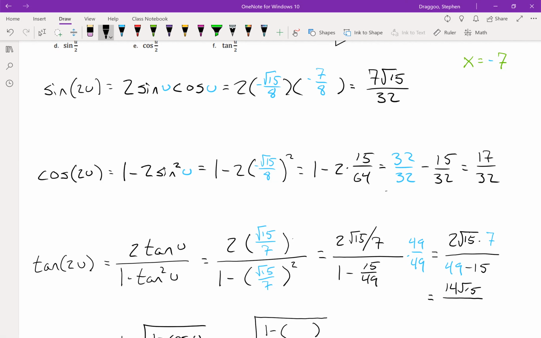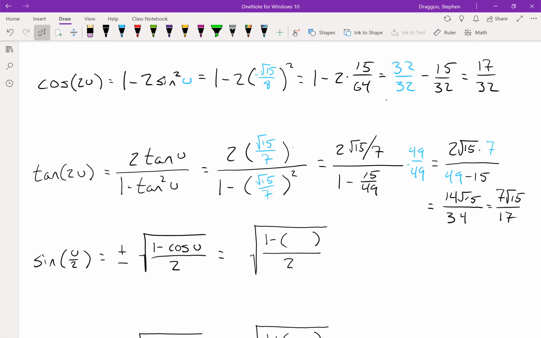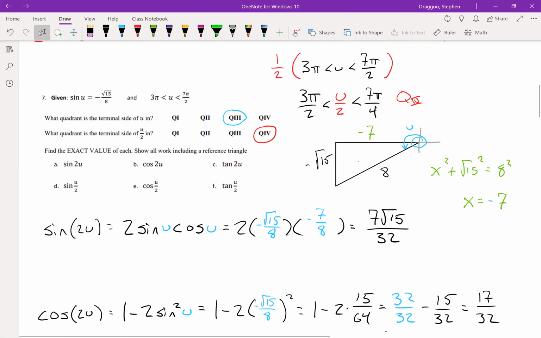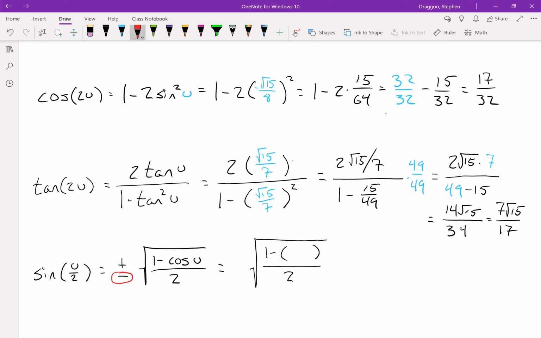Okay. Now we're on to the sine of u over 2, which, to recall back to our original part of the problem, we found that u over 2 is located in quadrant 4. And in quadrant 4, sine is going to be negative. So we'll choose the negative out of the plus or minus and fill that in right here. And it's the square root of 1 minus cosine u over 2.